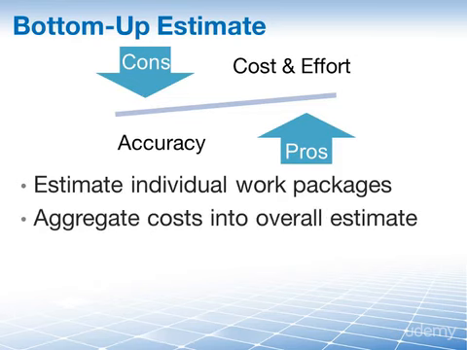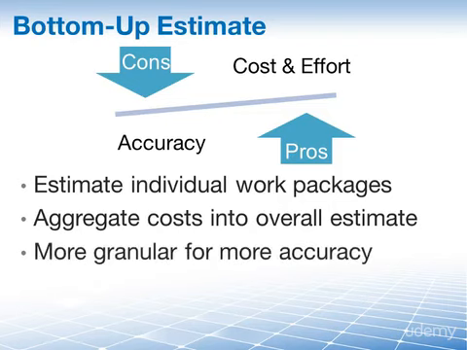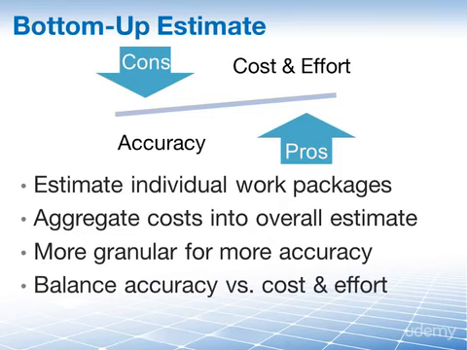Then you aggregate the costs of the individual packages into an overall estimate. The smaller or more granular the work packages that you use in your estimate, the greater the level of accuracy of your final estimate. However, you have to counterbalance the level of accuracy with the cost and the level of effort required to perform this estimate.